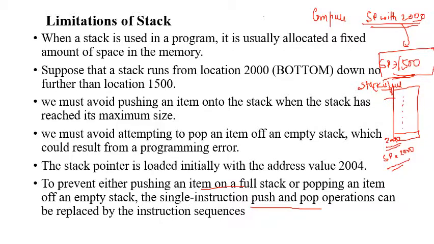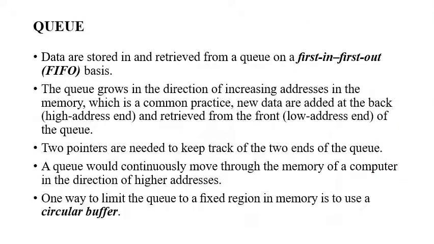Similar to the stack, we have one more data structure called queue, also called first in first out. The difference between the stack and queue is this: first in first out is queue, whereas last in first out is stack.